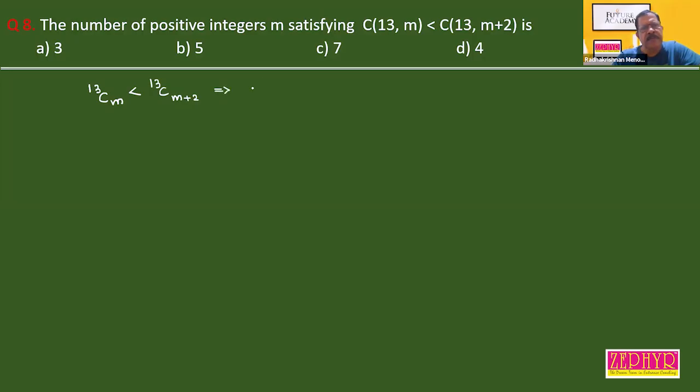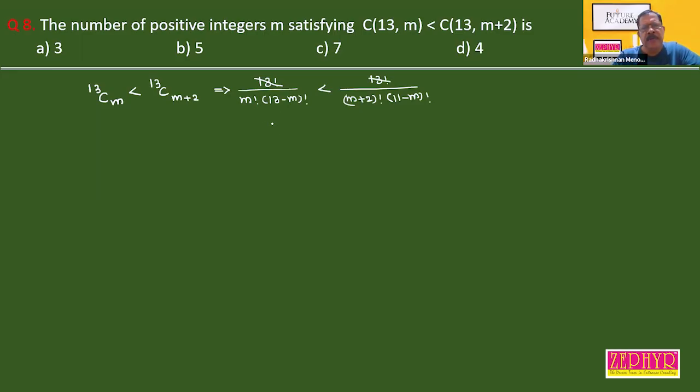Same way, 13 factorial divided by m factorial into (13 minus m) factorial, less than 13 factorial divided by (m plus 2) factorial into (13 minus (m plus 2)) factorial. 13 minus 2 is 11, so (11 minus m) factorial. Here 13 factorial is getting cancelled.